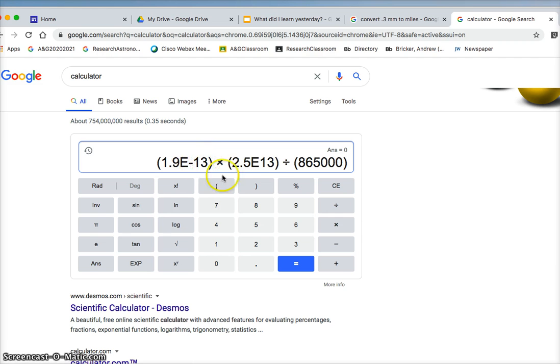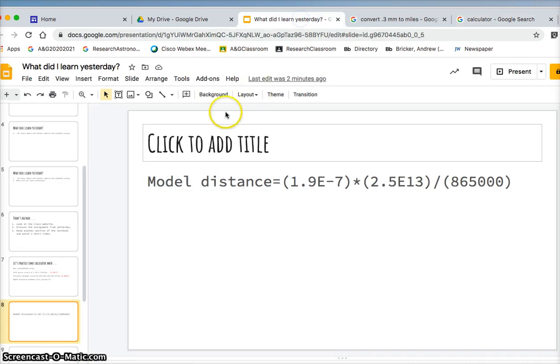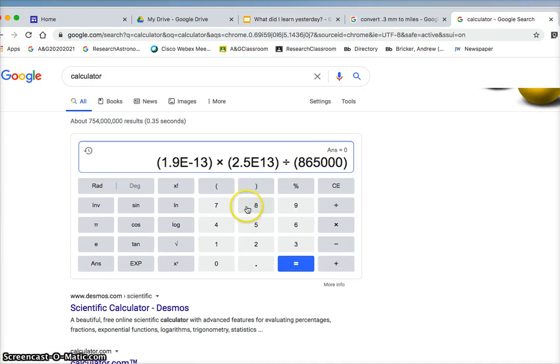Now you don't always have to put parentheses, but in the denominator, if there's ever exponents, you do. So I just put parentheses around each term to be safe. And then I'm going to hit equals. By the way, this is how you put this equation into the calculator. And the main thing I'm showing you here is that you get the e by hitting this exponent. So then I'm going to hit equals.